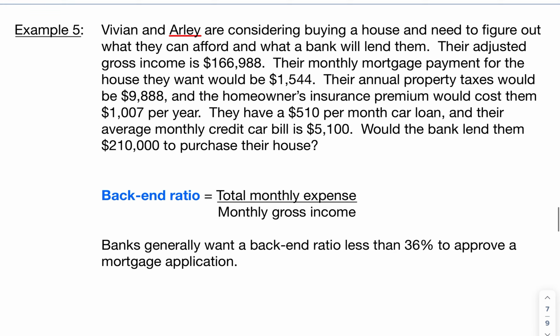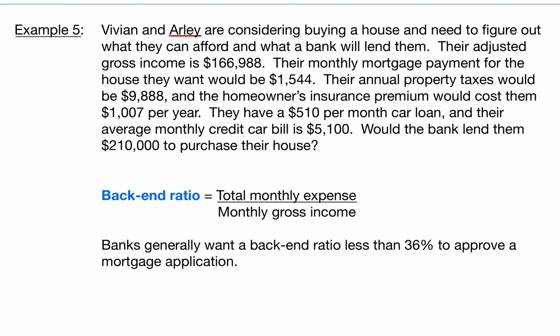However, with the back end, we're going to include other expenses, okay? So in this example, and not that the calculation's any different, it's just that in this example, the couple, Vivian and Arlie, have additional expenses that also need to be included in the calculation.